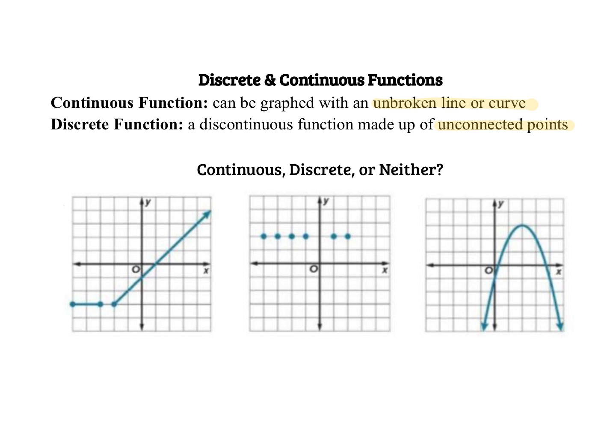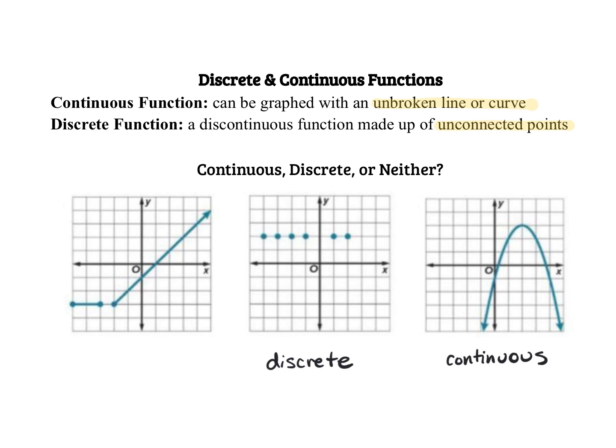So if you look at, let's start over here, this downward facing parabola, I see that I could draw this entire graph without picking up my pencil. So we would call this a continuous function. And if you look at this graph in the middle, it's just a series of unconnected points. So we would call this a discrete function. And you'll notice that at no point are there any connected coordinates.